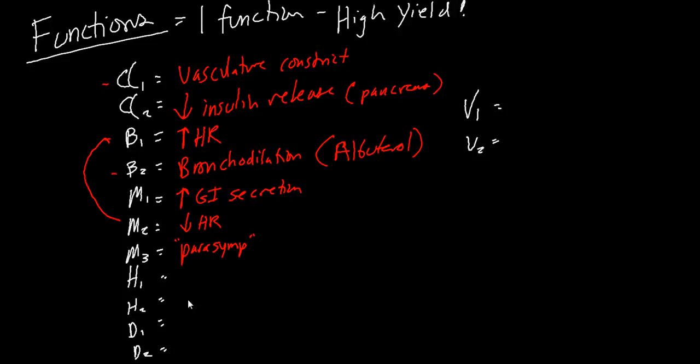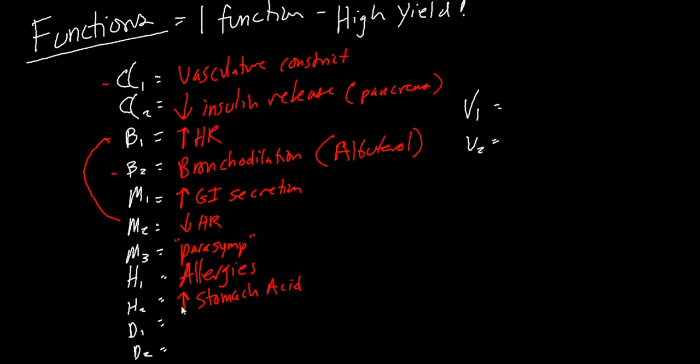When you think about histamine, what if I just told you histamine right now, you're thinking mast cell degranulation, you're thinking type 1 hypersensitivity possibly, you're thinking allergies. Histamine type 1 is what you would typically associate with allergies, so nose, so airway. Okay, H2, you're going to think increase stomach acid.